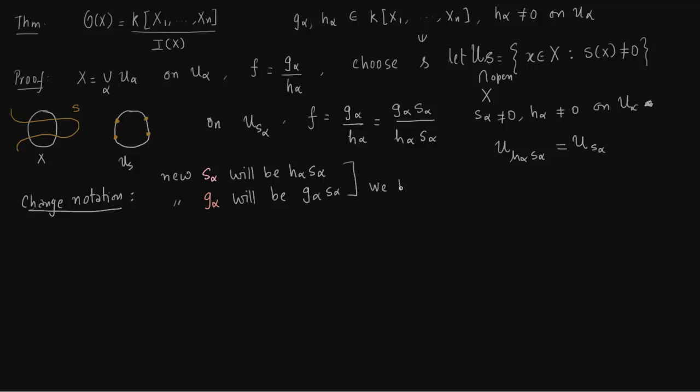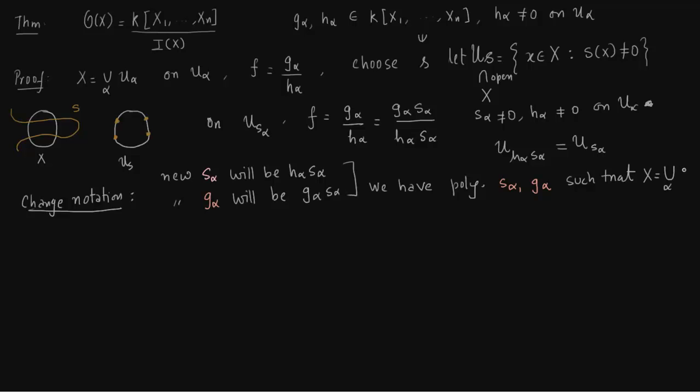So we have these polynomials S alpha and G alpha, which we have just written in red. One represents the denominator, another represents the numerator, and X is covered by these sets U_S alpha.